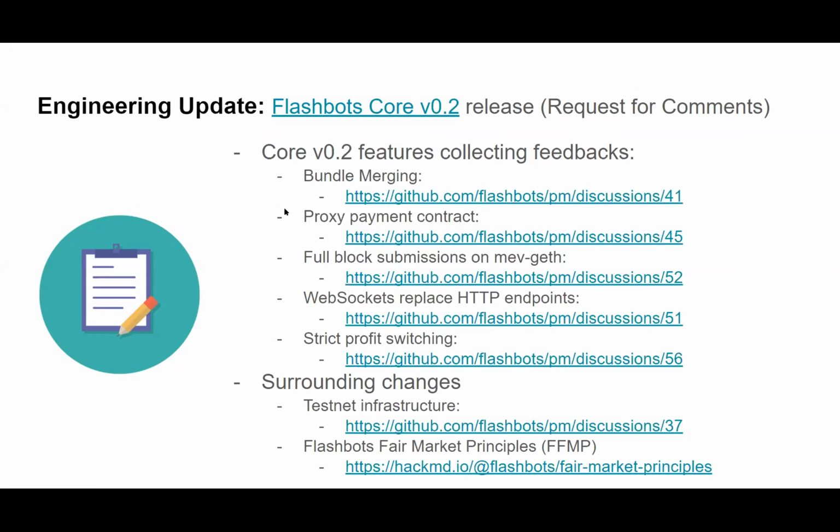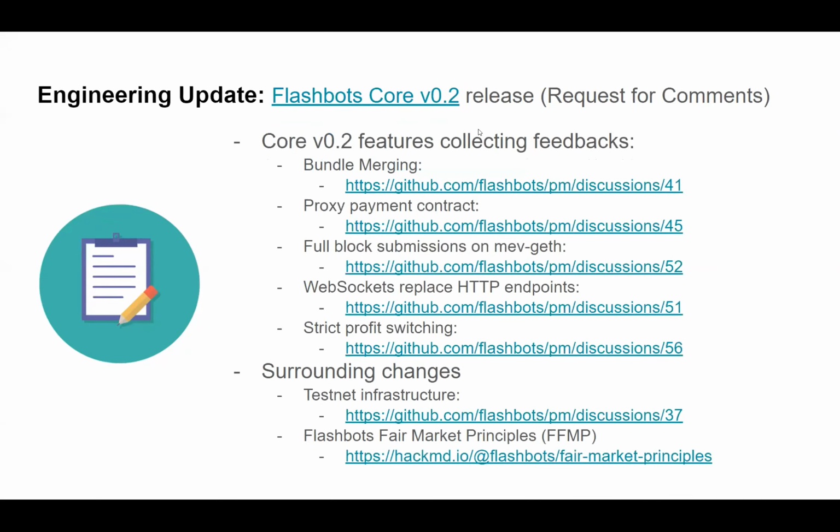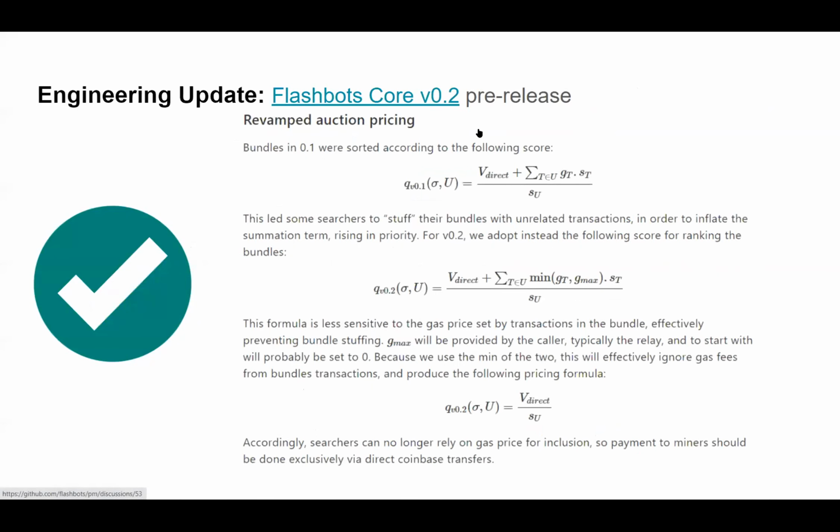Would you please share with everyone here a bit more details on the latest pre-release and how it impacts the searcher and the miner? Because we have already seen 5 out of 12 mining pools finish adopting the changes that we have released in the pre-release 2 days ago, and they're very quick to make the changes.